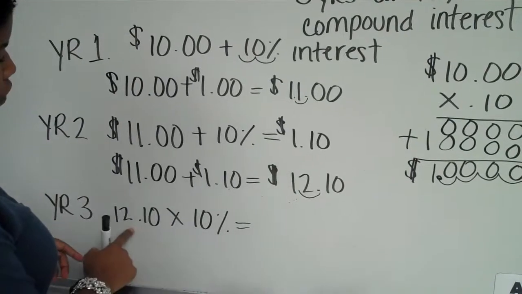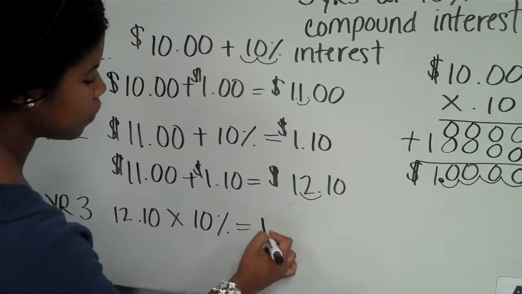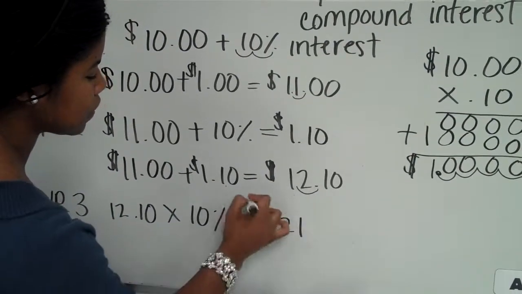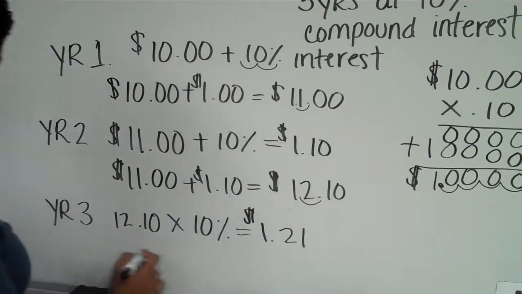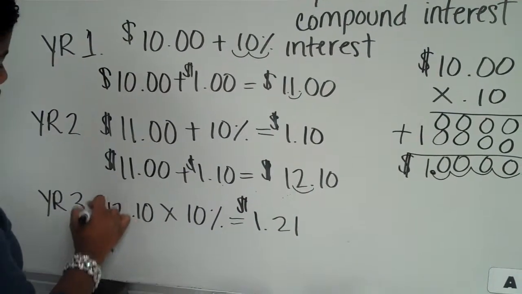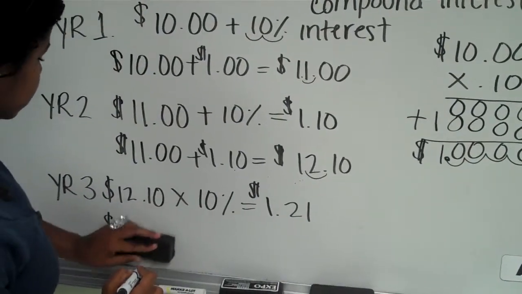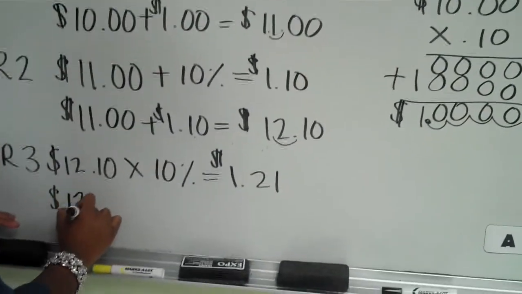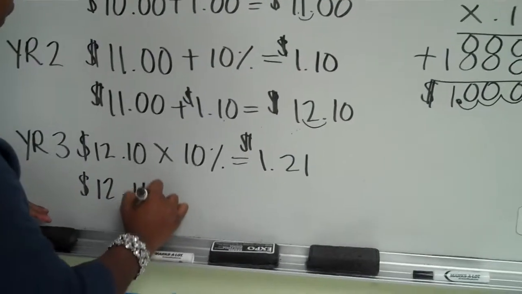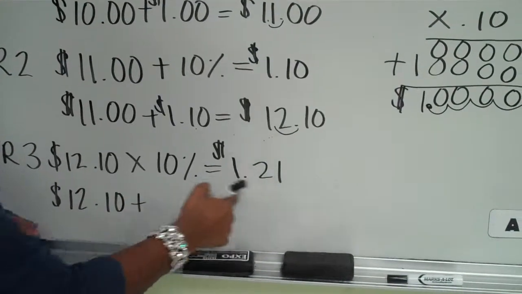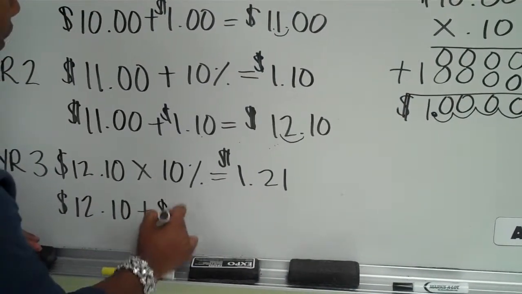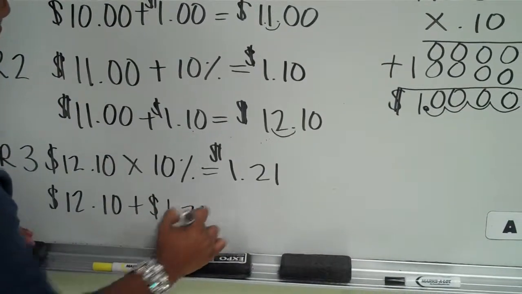So 10% of $12.10 is $1.21. So at the end of year 3, we're going to add on $12.10 plus the interest after year 3, which now comes to $1.21.